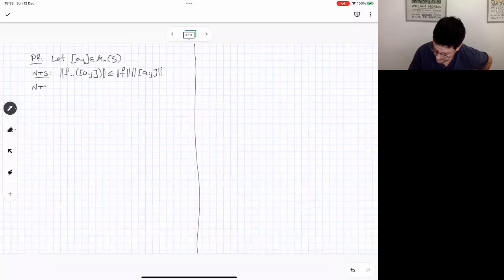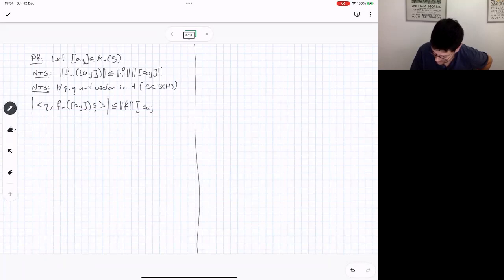So I can rephrase it like this: I need to show that for any psi and eta unit vectors in H, such that S is in B of H, eta star times Fn of Aij times psi is less than or equal to the norm of F times the norm of Aij.